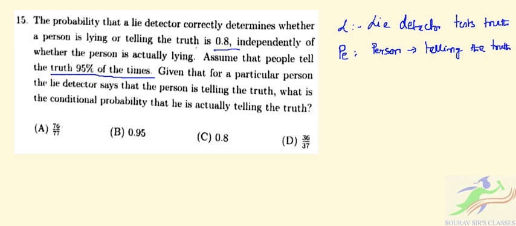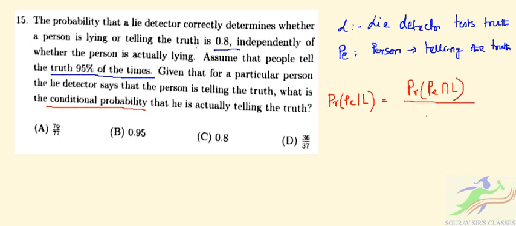So I have to find the conditional probability that he is actually telling the truth. So we have the probability of PE provided L has occurred. We can simplify this as the probability of PE intersection L by the probability of L, right?